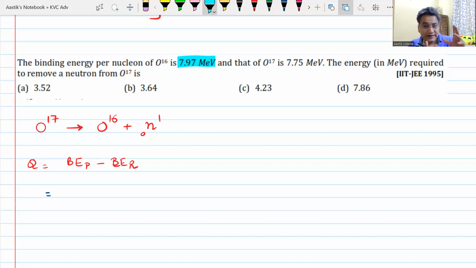So binding energy of the product minus the binding energy of the reactants, that is what I need to do.